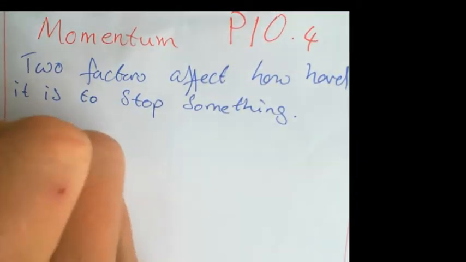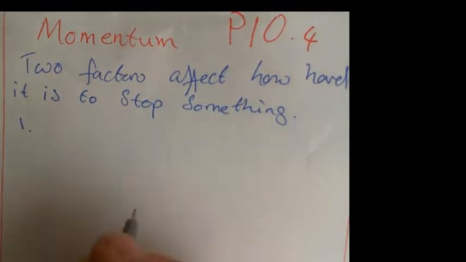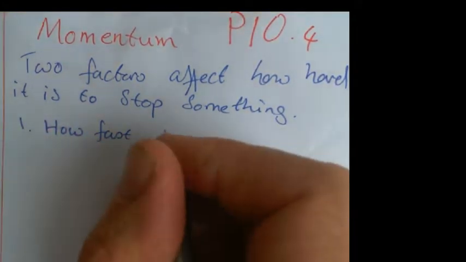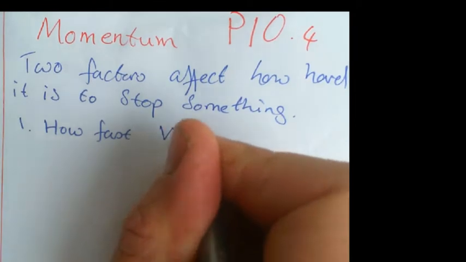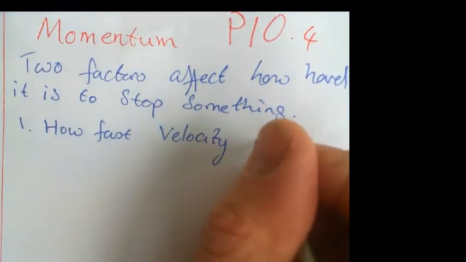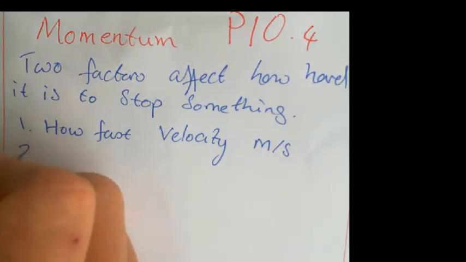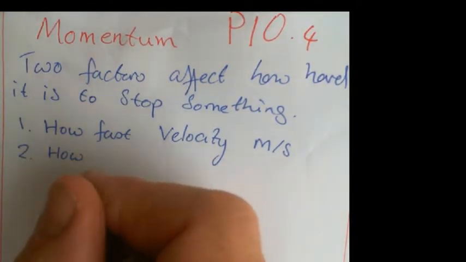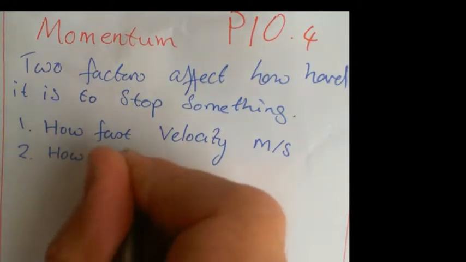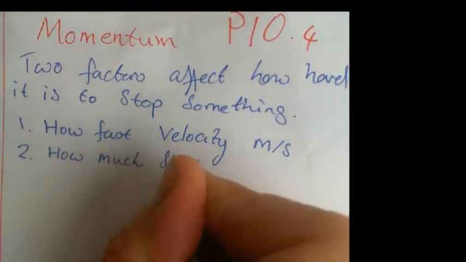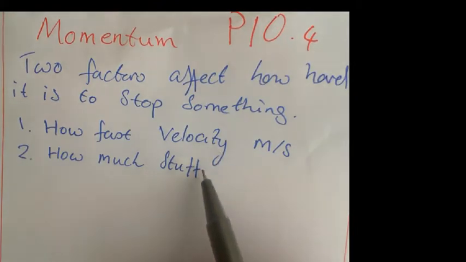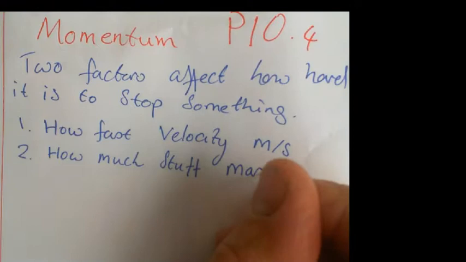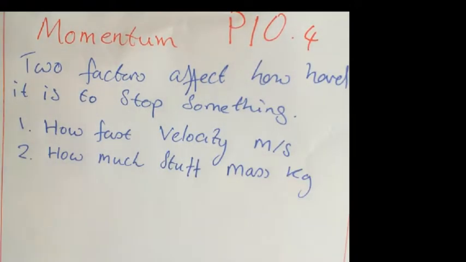Factor 1 is how fast, which we call the velocity, and that will be measured in meters per second. And the second factor is how much stuff you're trying to stop. So how fast is the stuff moving that you want to stop, and how much stuff do you have? And we call that mass, and that's measured in kilograms.